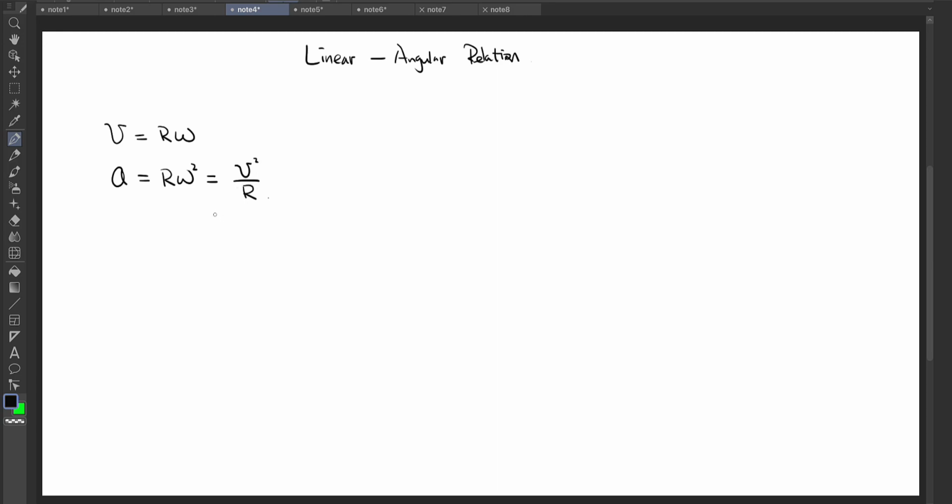But you may ask, didn't we define this alpha before? So alpha is called the angular acceleration. Now, what's the relation between alpha and A?